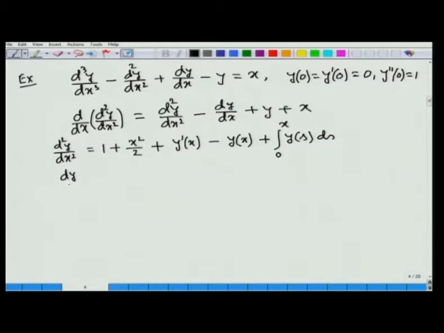Again you can write the left hand side in terms of d dx of dy dx, and again after integration you can find from here dy dx is equal to, no constant term will be adjusted either on the left or the right, because dy dx at x equal to 0 equal to 0.